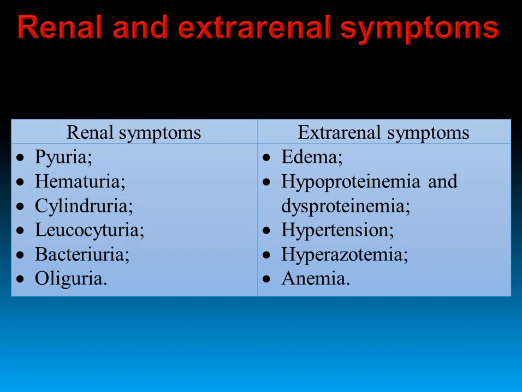It's a group of active cells which are responsible for production of erythropoietin. Erythropoietin stimulates erythropoiesis in bone marrow and is produced in the kidney. That's why damage to the kidney can lead to anemia.